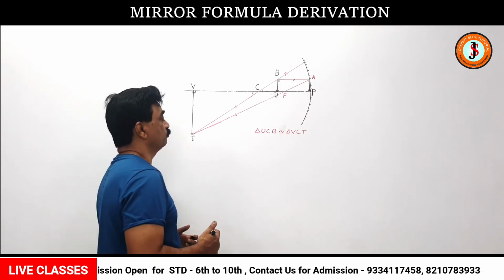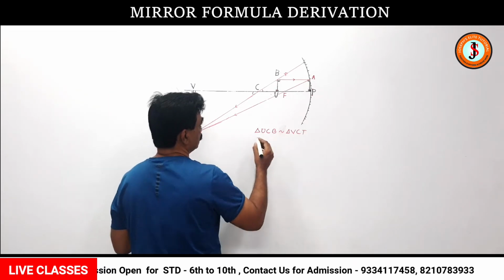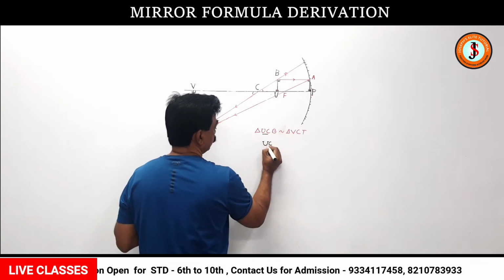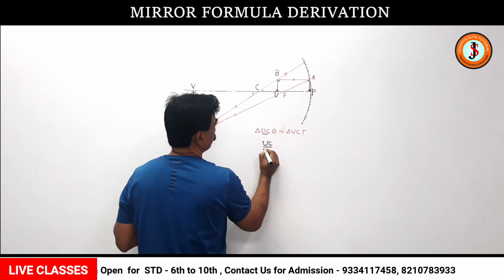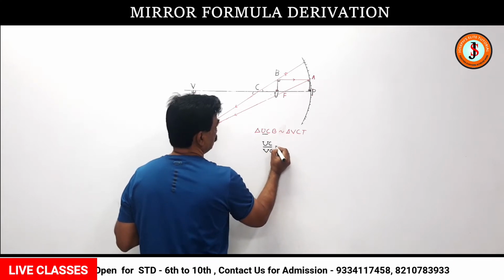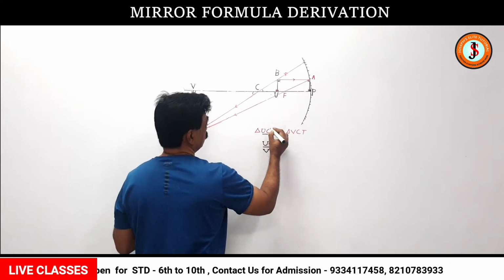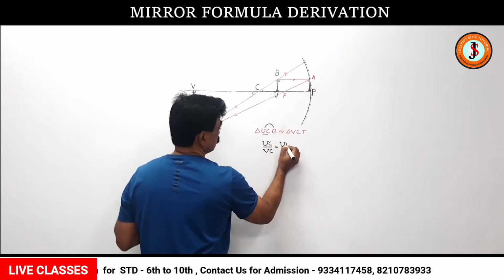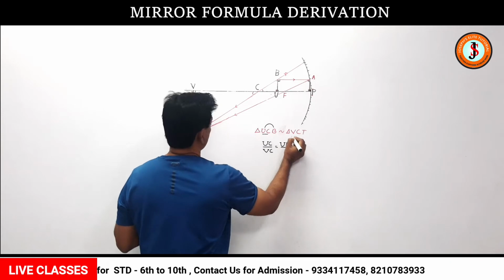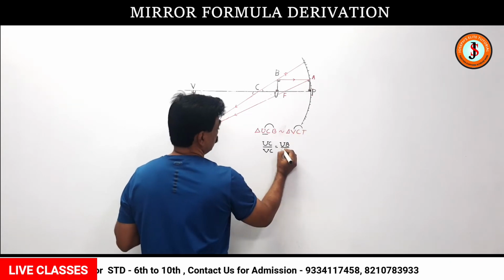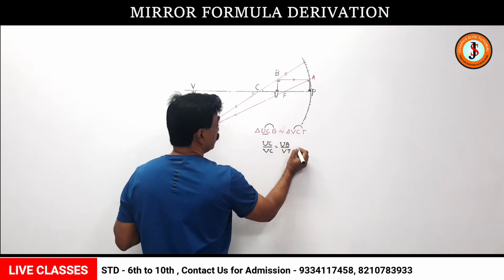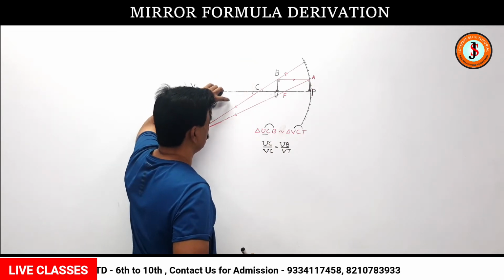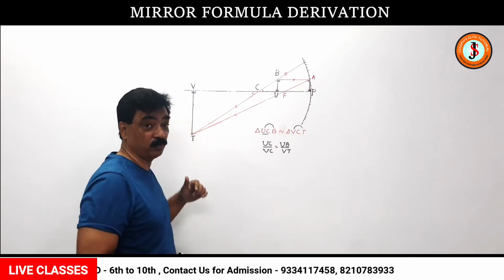So now we can say UC by VC is equal to UB by VT, which is equal to BC by CT, but we do not take the hypotenuse.